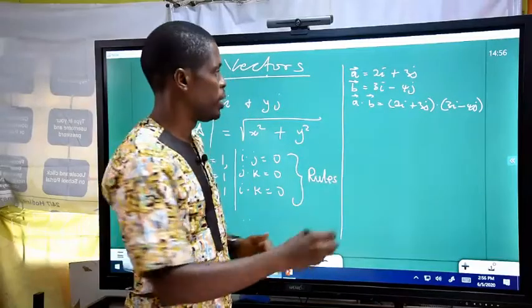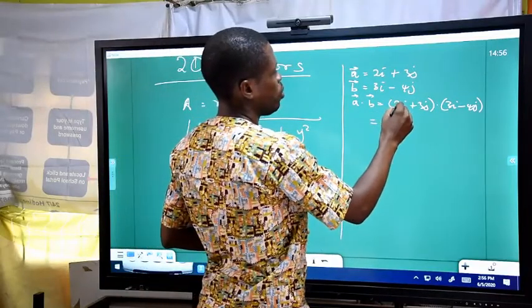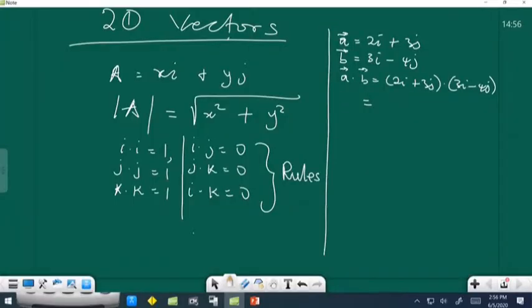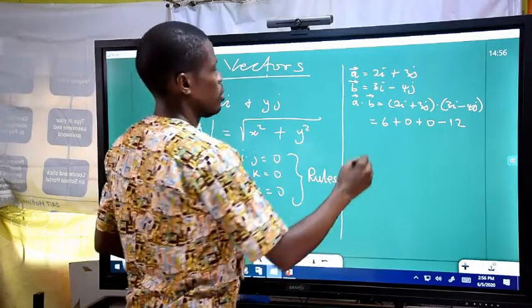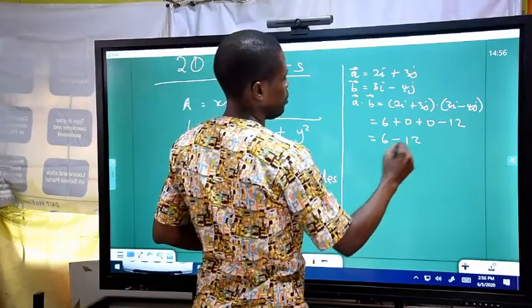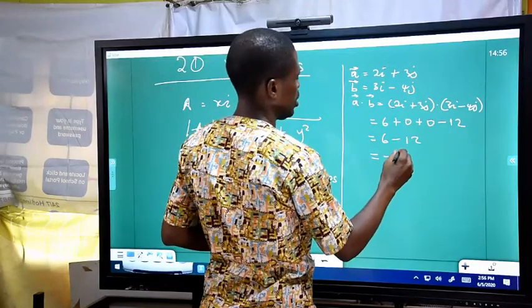So when we do this multiplication, we have 2 times 3 is 6, and 2 times 4 is 0, because i dot j is 0 based on this rule. So 3 times 3 here is also 0, and 3 times 4 here will give us minus 12, because j dot j is 1. So therefore we have 6 minus 12. Final answer is minus 6.